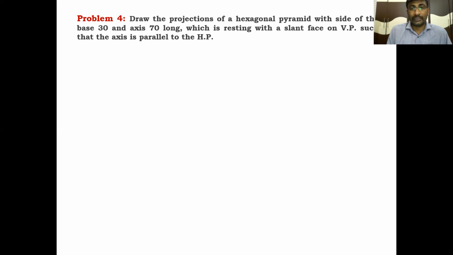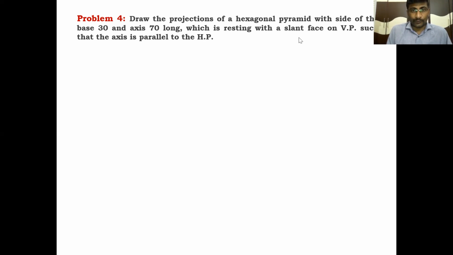Isn't it? From the lines chapter onwards, we are following first angle projection. That means the object is assumed to be in the first quadrant. Whenever the object is in the first quadrant, the front view must be above the XY line, that is the reference line, and the top view is below the reference XY line.